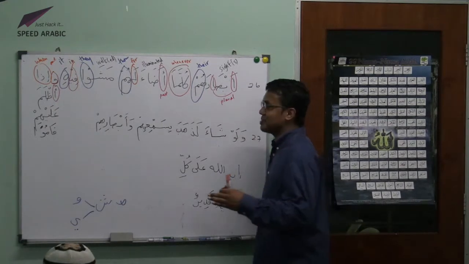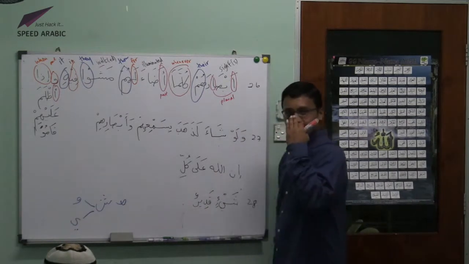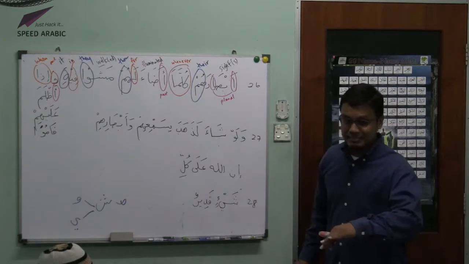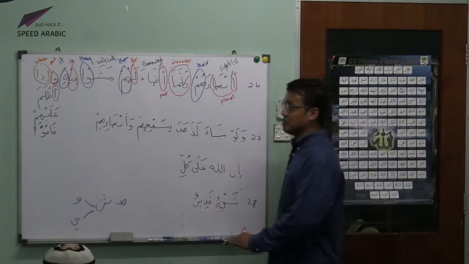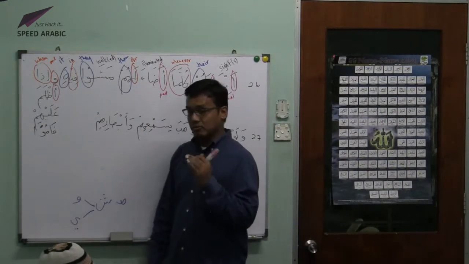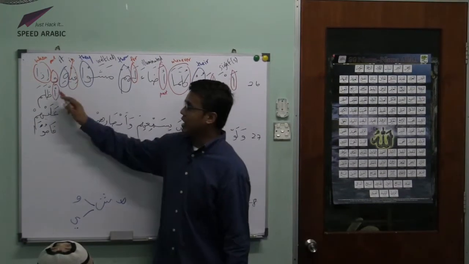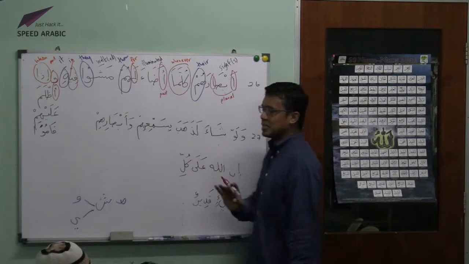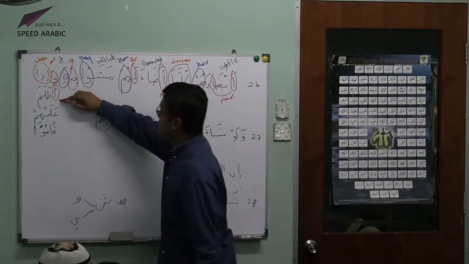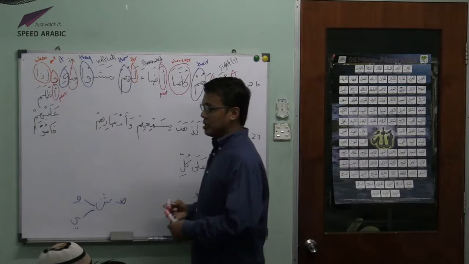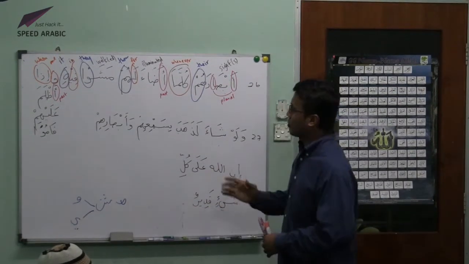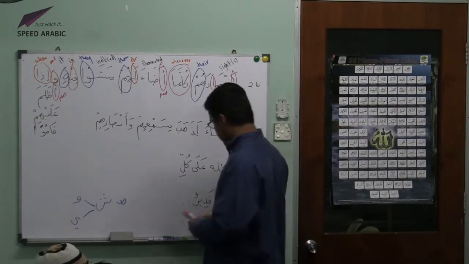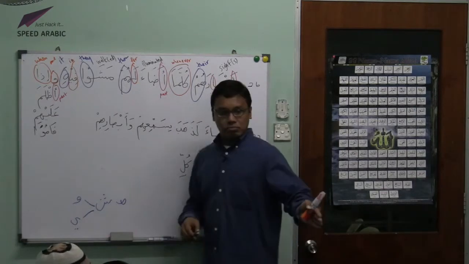Past. Why not present? It can be present, right? It can be present. But one of the ways or shortcuts to look at it: when everything is Fatha, most probably it's past. Okay? Azlama. Just now zulum, zulumat.